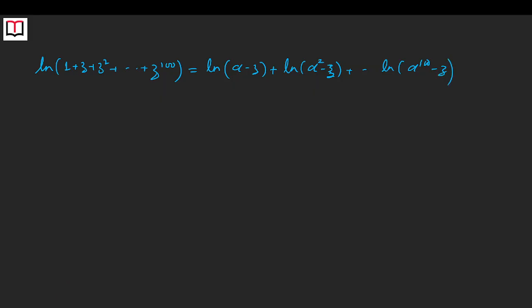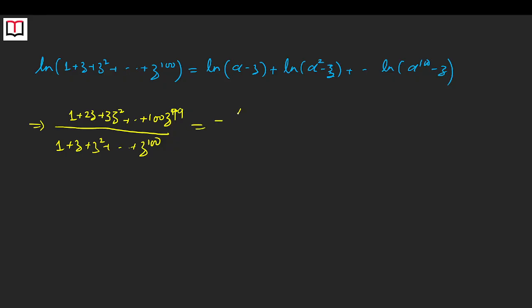Now differentiating both the sides. Just differentiate. See, you will come to know why we are doing it. That will help us to give whatever we need. So in the numerator it will be 1 plus 2z plus 3z square plus 100 z to the power 99 is equal to minus 1 upon alpha minus z.